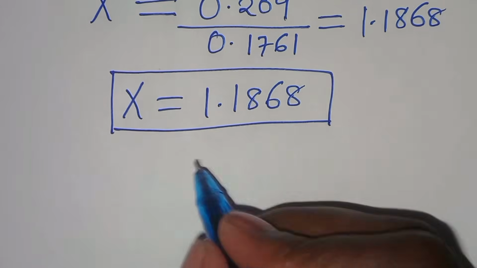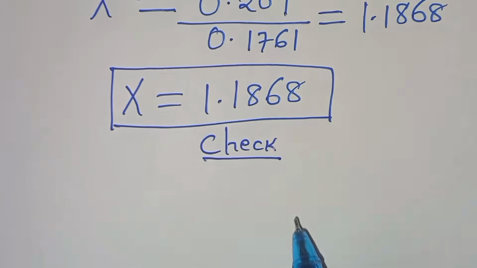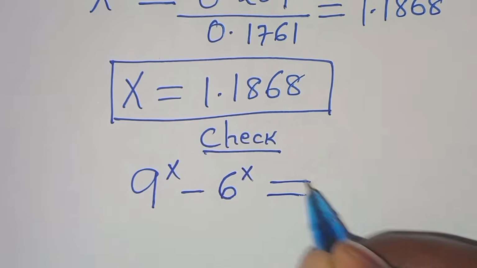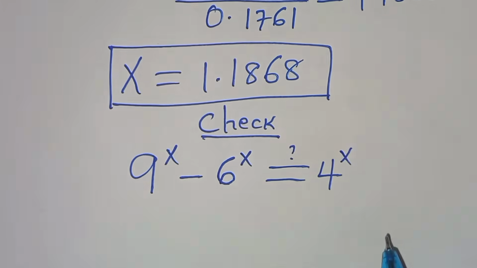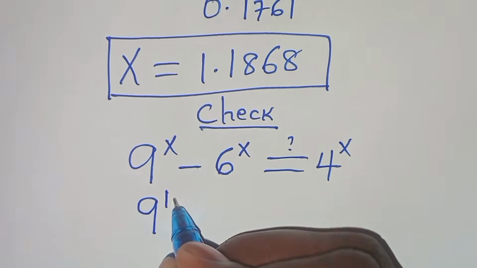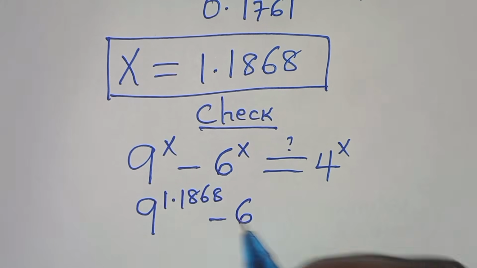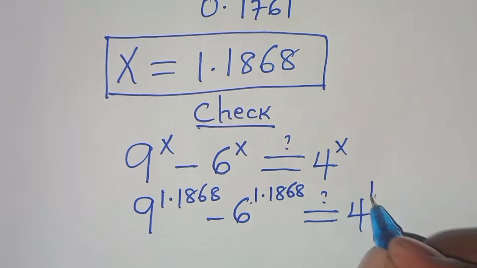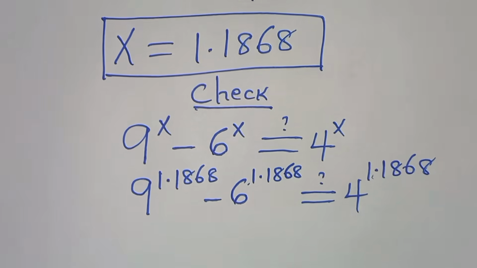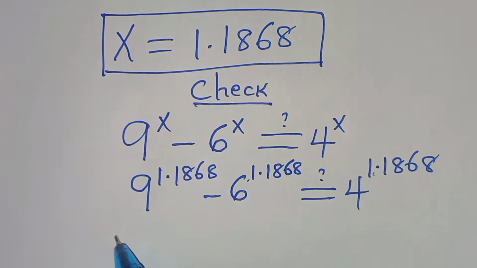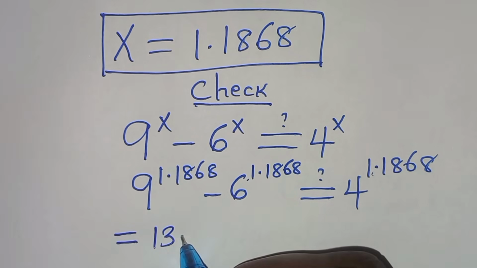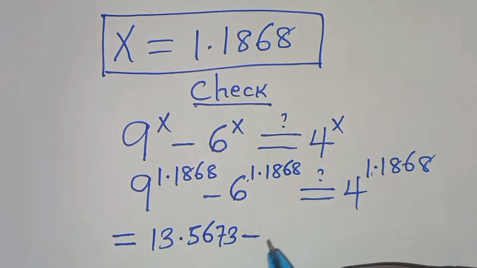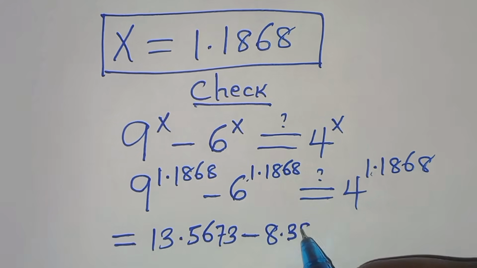Now, let's check if this value of x satisfies the equation. We have 9 to the power of x minus 6 to the power of x, which should be equal to 4 to the power of x. So this is 9 to the power of 1.1868 minus 6 to the power of 1.1868, and this should be equal to 4 to the power of 1.1868. So 9 to the power of 1.1868 is equal to 13.5673, minus 6 to the power of 1.1868, which is 8.3851.